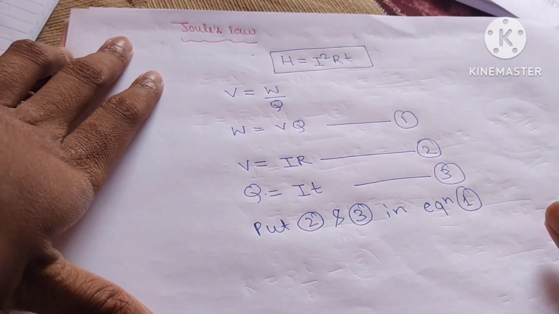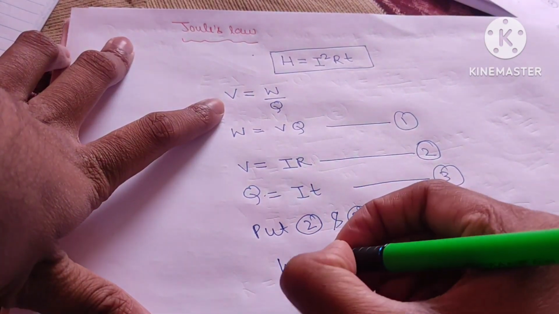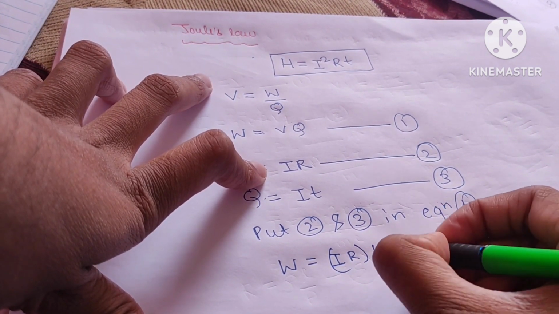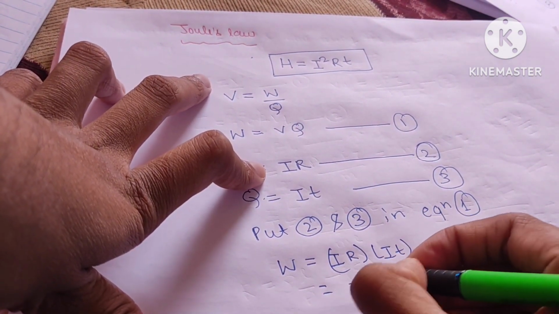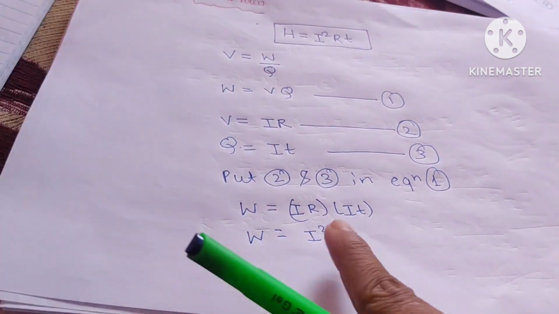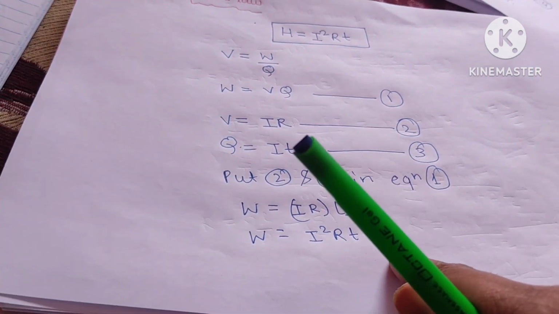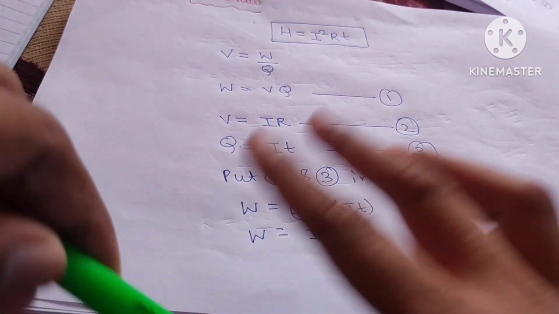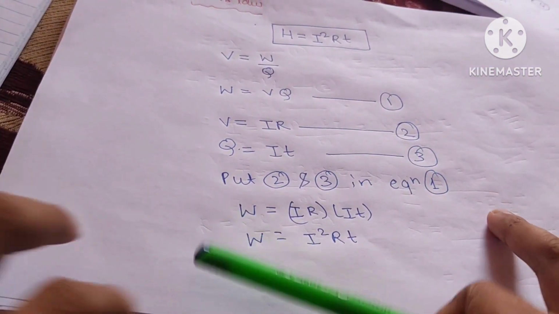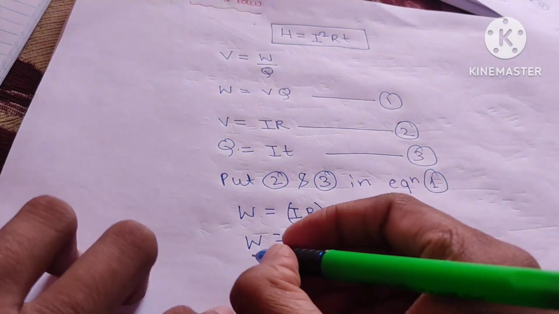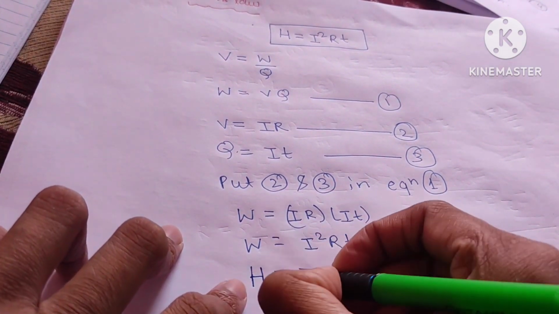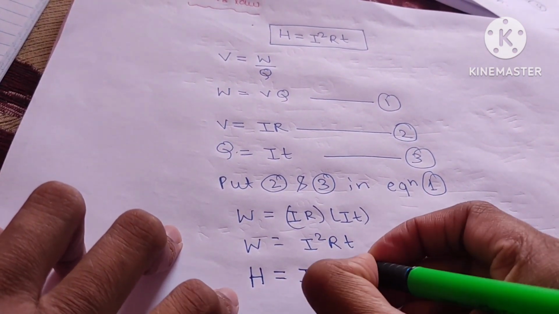When you put them, you will get IR into IT, so it will become I squared RT is equal to W. And we know work done is converted into heat energy, since energy can neither be created nor destroyed. So instead of W, we can write H is equal to I squared RT.